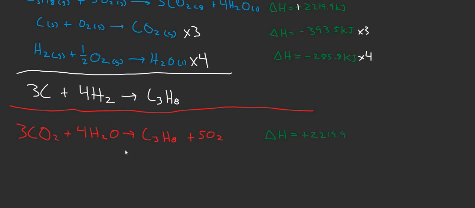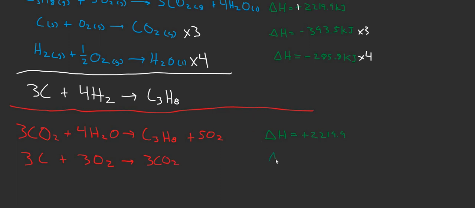So for the second reaction, we multiplied everything by 3. So we'll now have 3C plus 3O2 going to 3CO2.